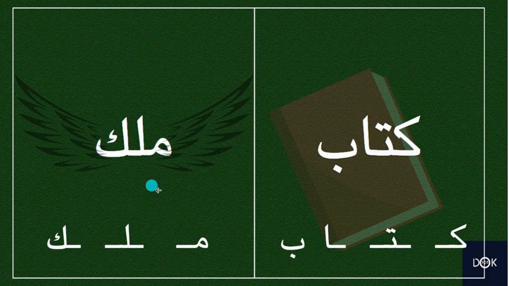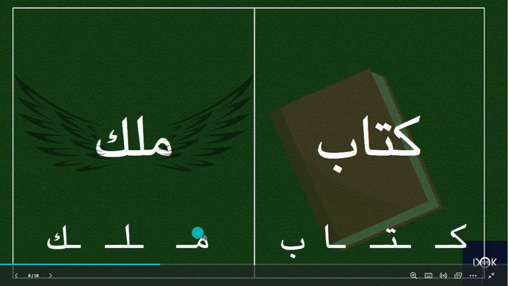Now the second word, which is malak, consists of three letters. The first one is letter mim, the second one is lam, and the third one is kaf. Here we see that lam is connected to both the letters, that is the letter before it as well as the letter after it. Although they both look the same because they both are a straight line, they are not the same.